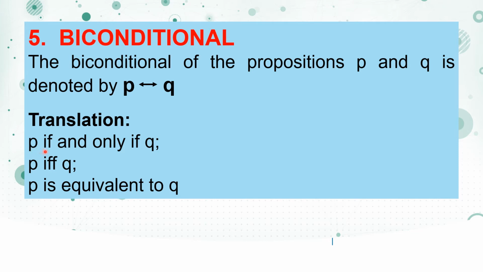P if and only if Q. And P is equivalent to Q. Please memorize by heart all the translation and the symbol for biconditional, which is this one.